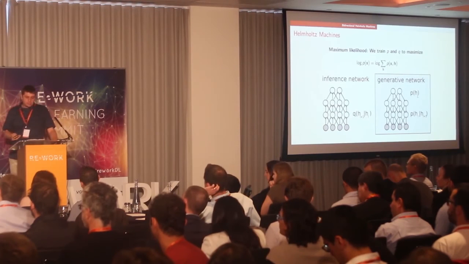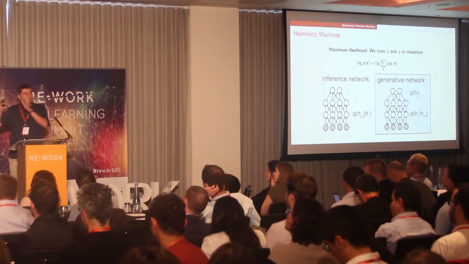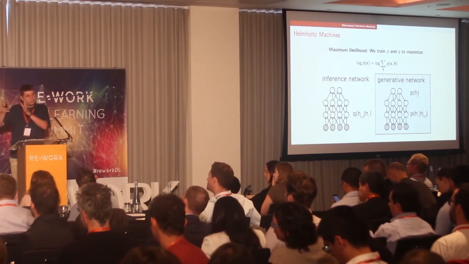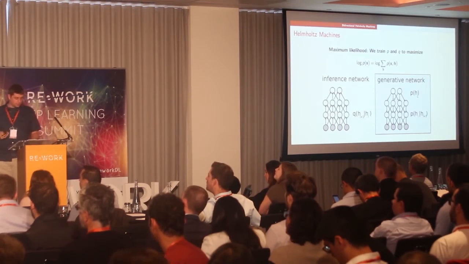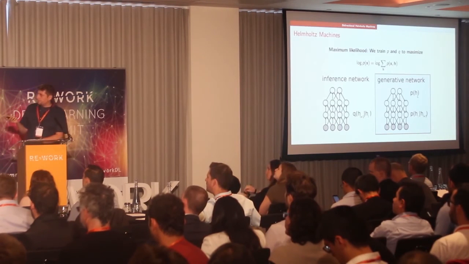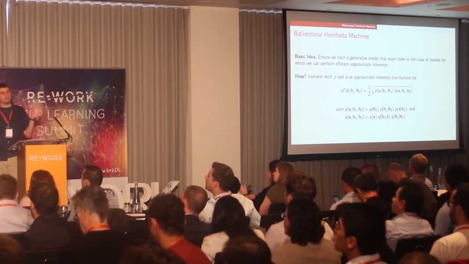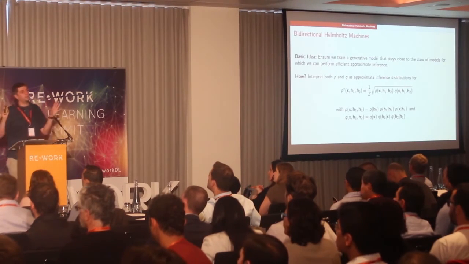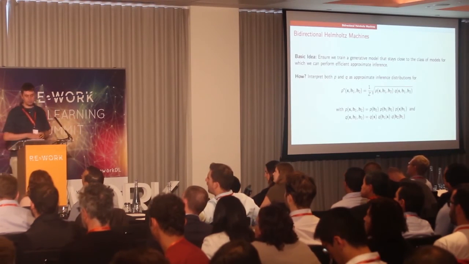So I think this indicates that there's a mismatch between the capacity of the generative network and the inference network. And one idea I wanted to tell you today was how this can be symmetrized to make these two models both approximate inference models for a third model that we want to train.